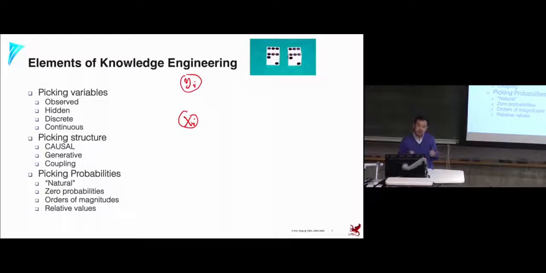And then you can already build some structures into this using your knowledge about the physical world. For example, the outcome of the dice is coming out of the choice of the dice, right? Therefore, there should be some kind of a causal structure. It's not a correlation, right? It's not that the outcome determines the choice of the dice, right? So it's not symmetric. All right, and then actually I'm jumping ahead of myself already. I'm not yet ready to pick structure. I want to still say something more about that.